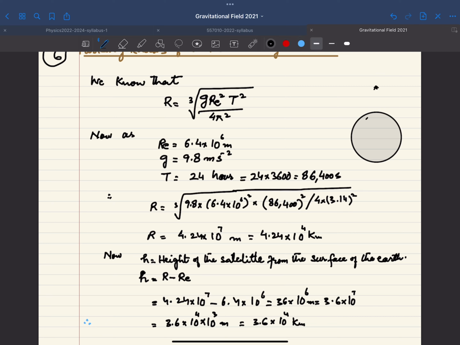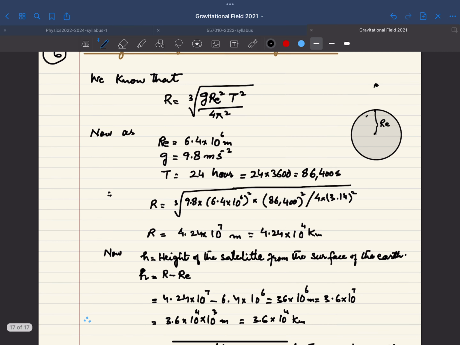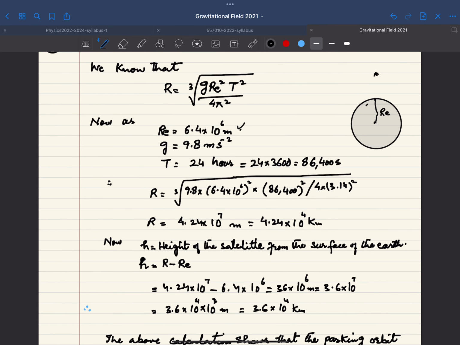So if you are considering this equation, then what you will write here, you have this Re, and of course you know that Re is 6.4 into 10 to the power 6 meter. This value is actually given in your paper as well. 9.81 meter per second square is the value of g.